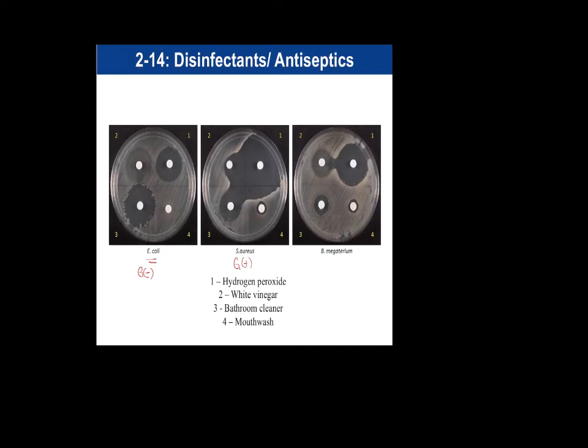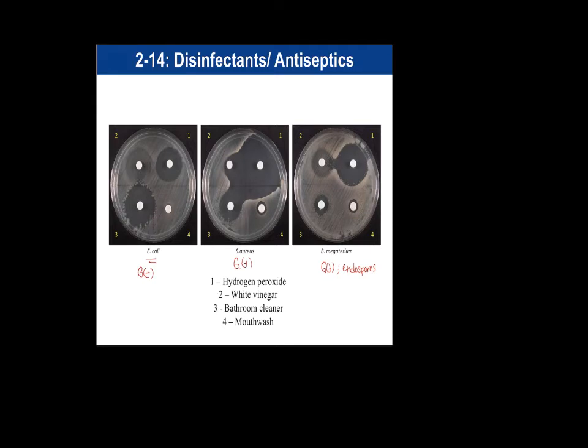So it has a very thick peptidoglycan layer, but it does not have an outer protective membrane. B. meg is a gram-positive cell, but what's interesting about B. meg is it produces endospores. So yes, the vegetative cell might be sensitive, but what about endospores?